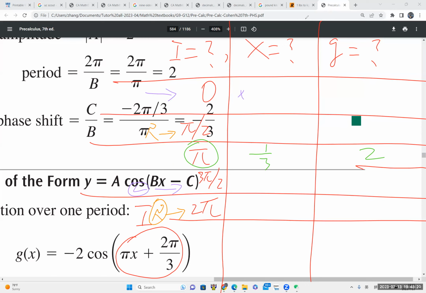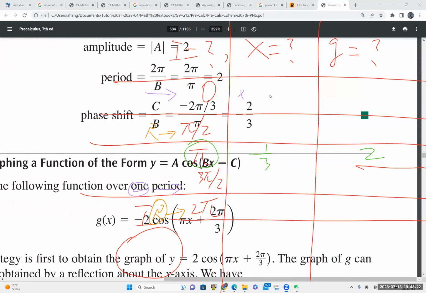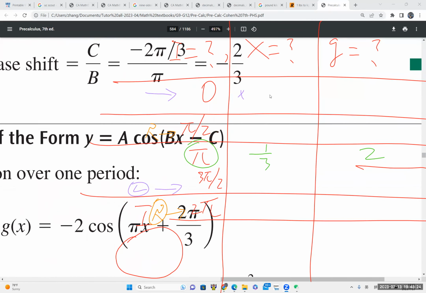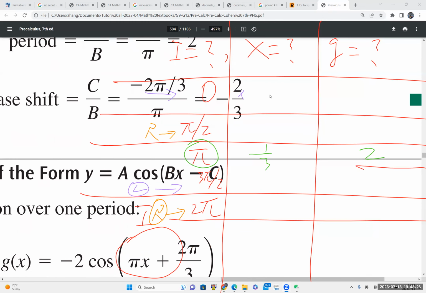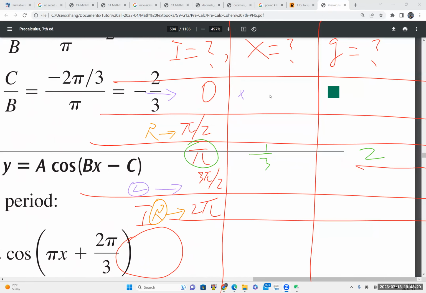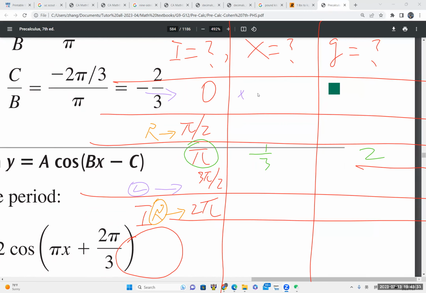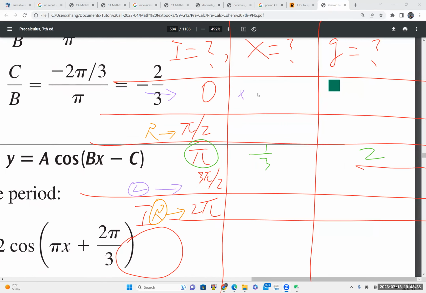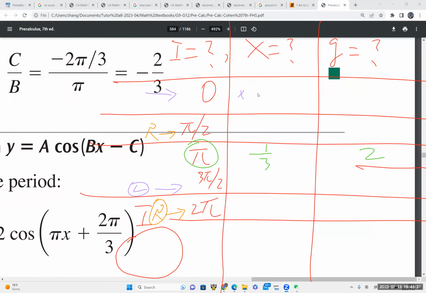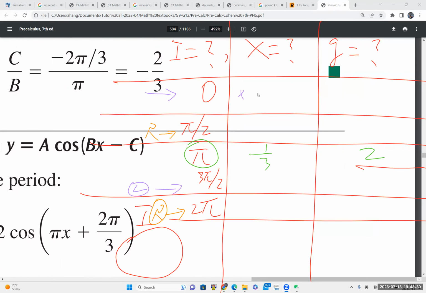Okay. Let me see if I can make this go small. Oh, no. Sorry, guys. I move them. That's the biggest I can do.